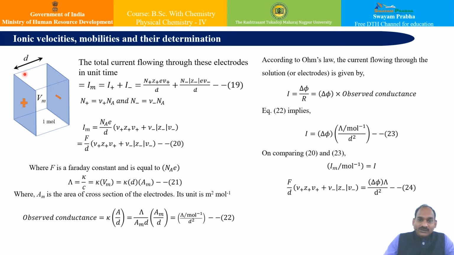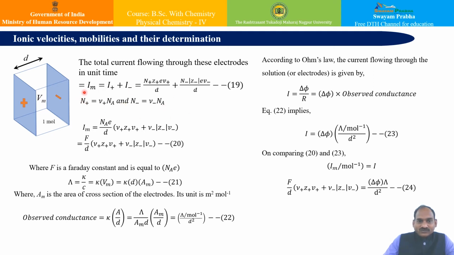Now, in a unit time, the total current flowing through these electrodes is given by this particular expression. Say current flowing through this particular solution is Im, equal to cationic current plus anionic current, and I can substitute their expressions in the form of this equation number 19, where I have n plus is equal to nu plus Na and n minus is equal to nu minus Na. We know this. Now since 1 mole is involved, the numbers n plus and n minus will be related to the Avogadro's constant, that is Na, correct?